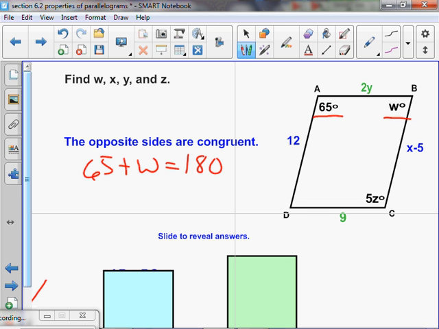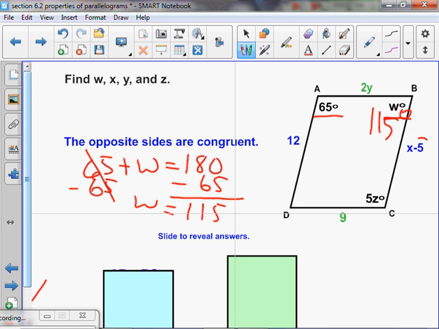That will allow us to solve for W by just subtracting 65, and we get that 115 is equal to W, and so we will label it right here: 115 degrees.